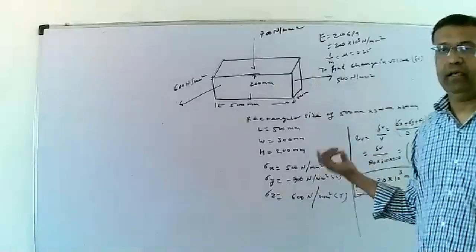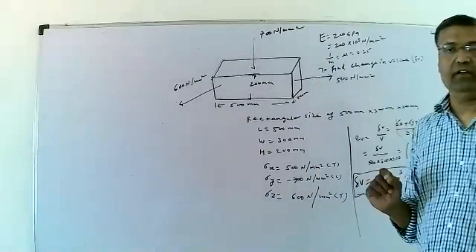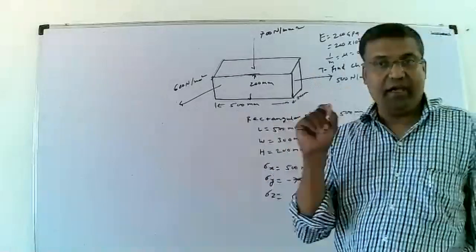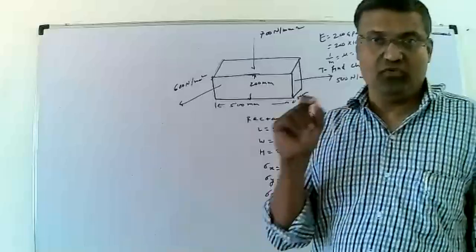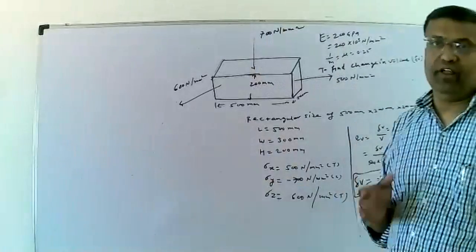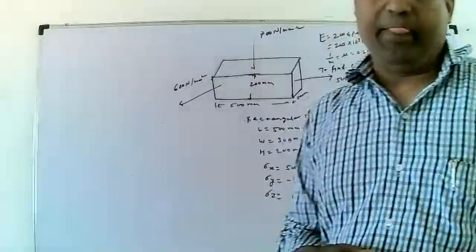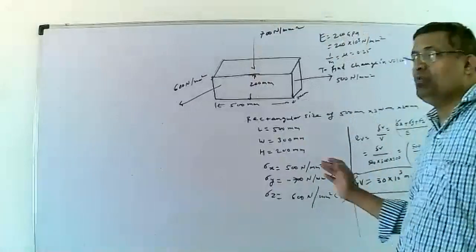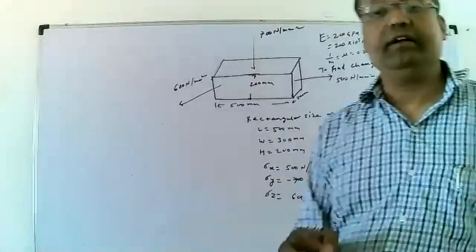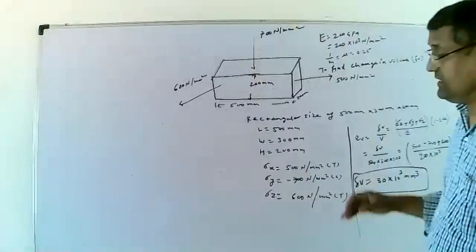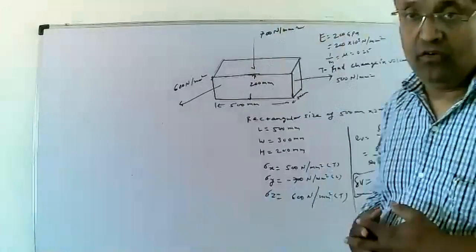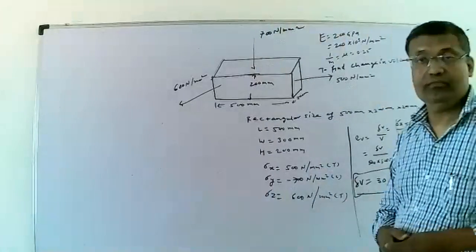This formula is only applicable for finding the change in volume, delta V. Then finally we put in all these values, sigma x, sigma y, sigma z, E, V. Then you can easily calculate the change in volume.